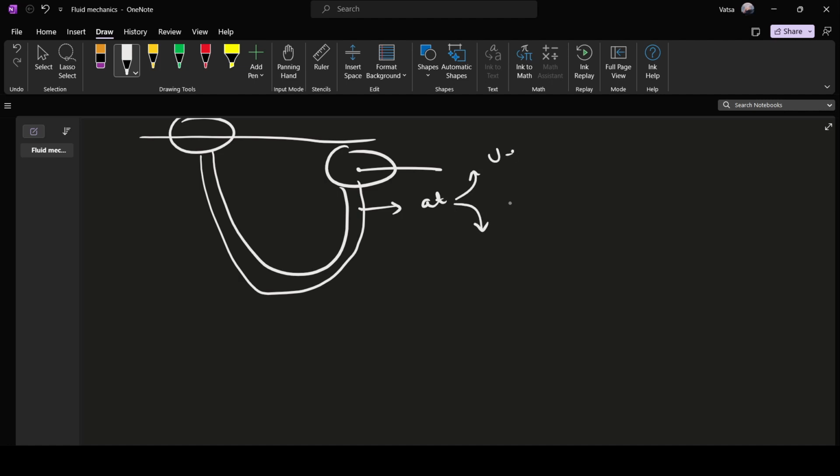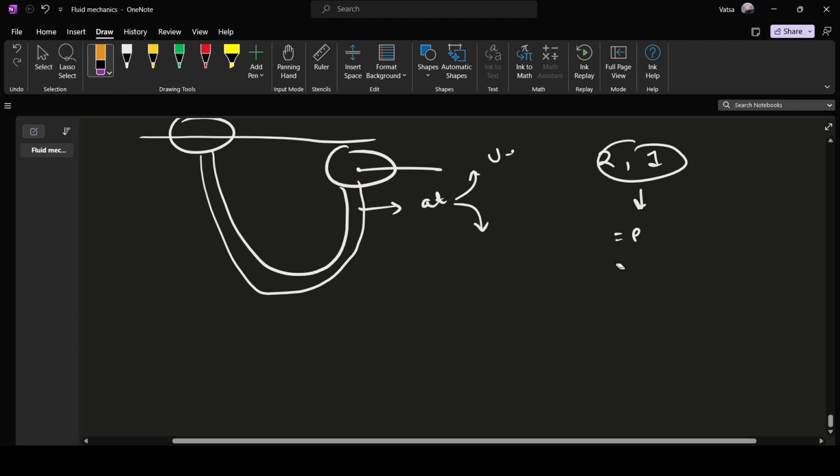Now it will become another type of liquid pressure. So there will be two liquids, or one same liquid on both sides. And our formula will expand because there are two types now. So I will get to the formula in a little bit.